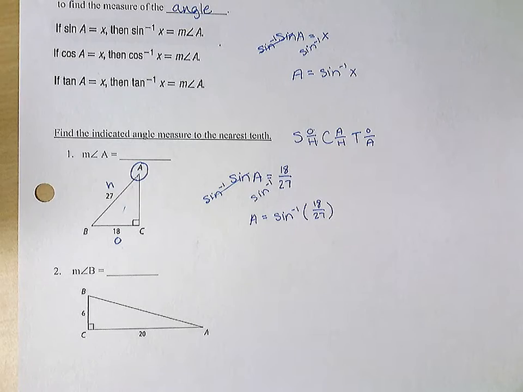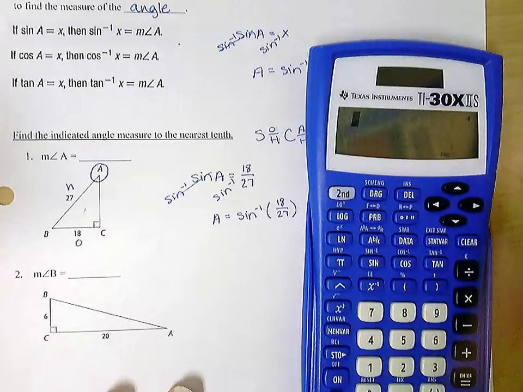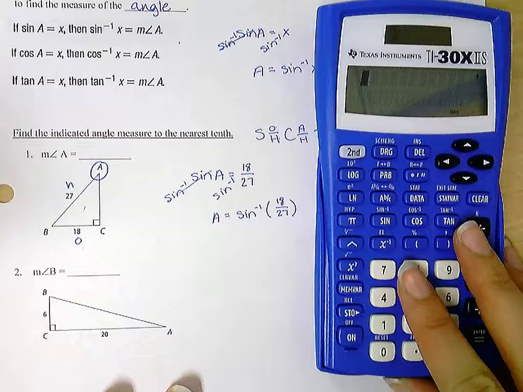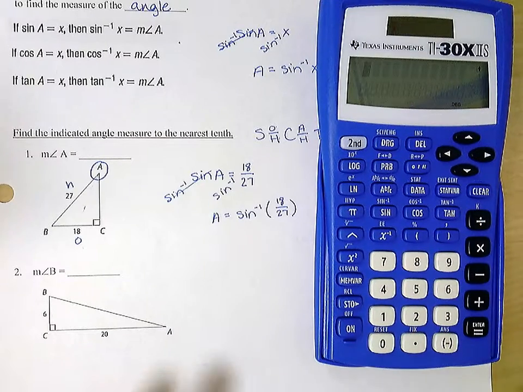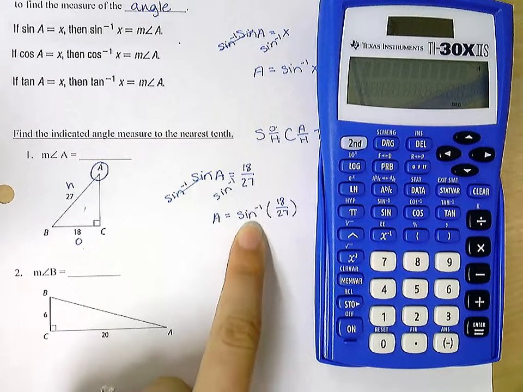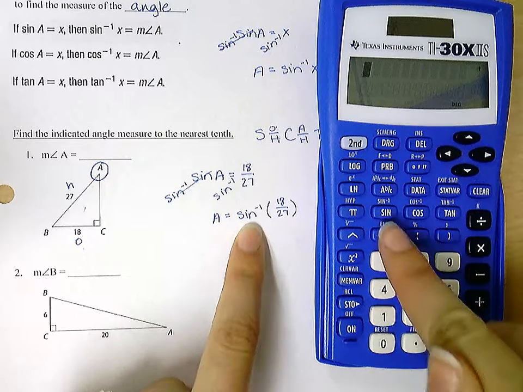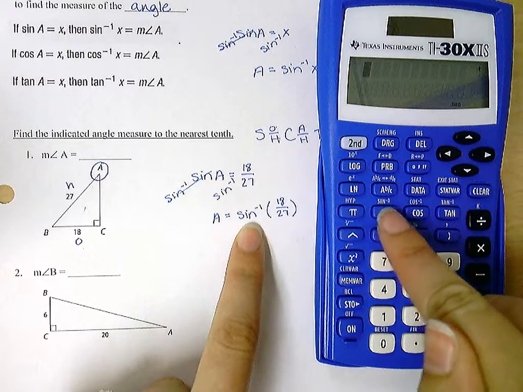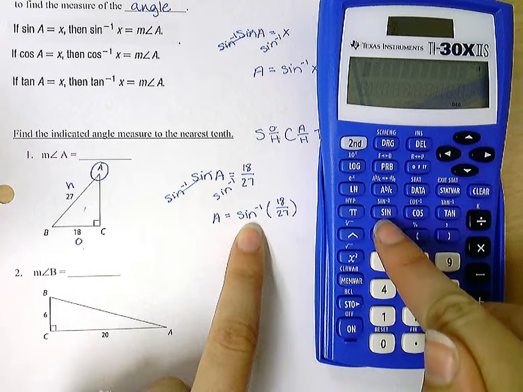So if you have your calculator, all right, so to get sine inverse, you have to press your second or shift key. You'll notice it's typed onto your calculator right above sine. Okay, so you can see that.